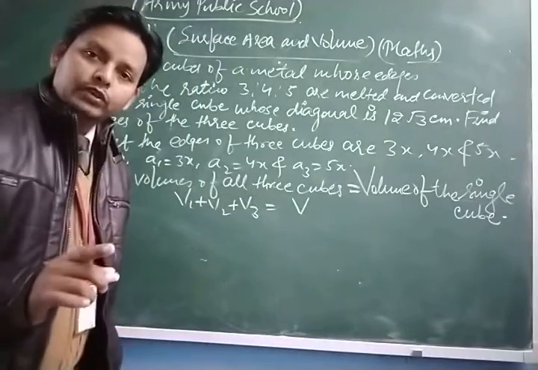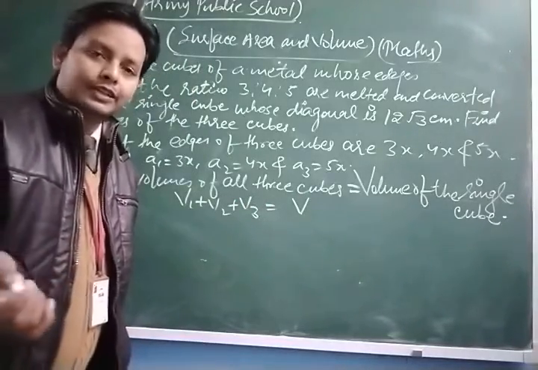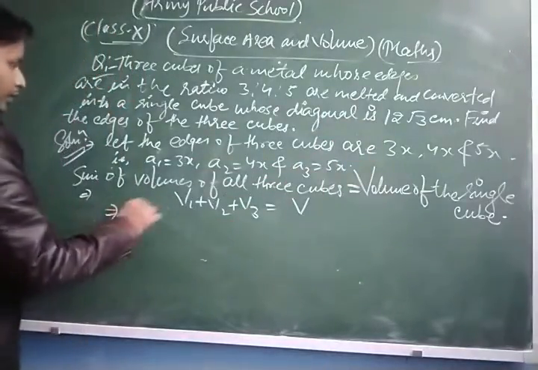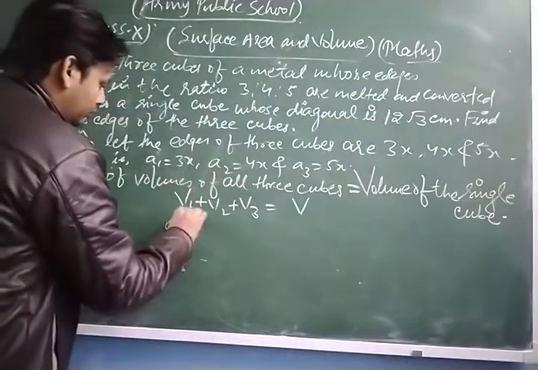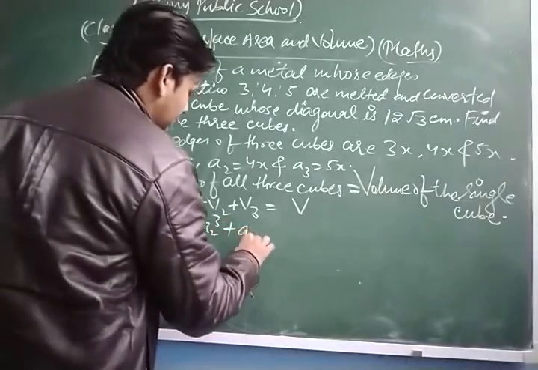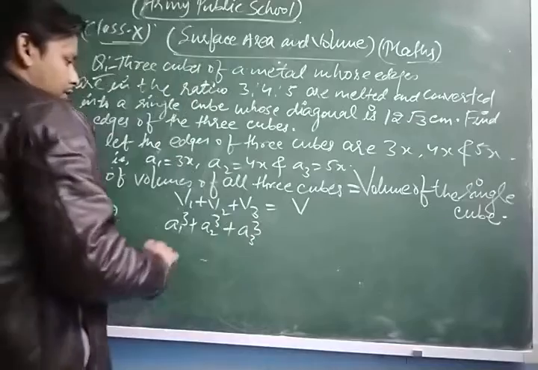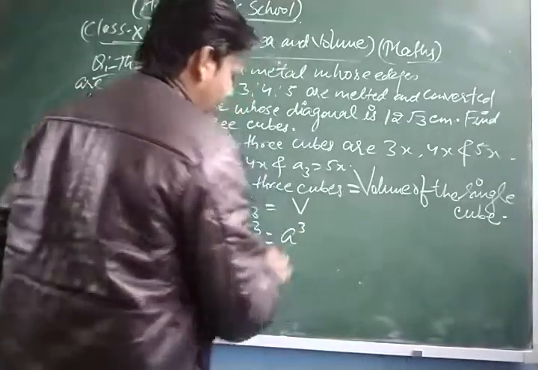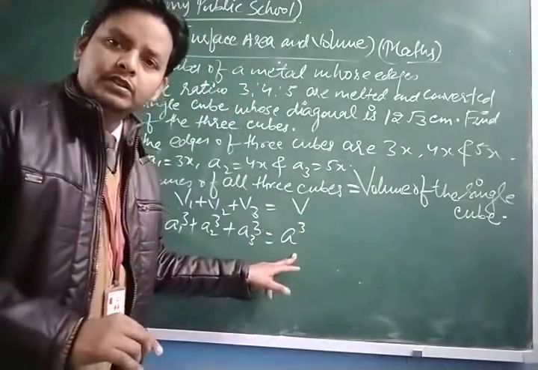We know that the volume of a cube is side cube. So here a1 cube plus a2 cube plus a3 cube is equal to a cube, where a is the side of the single cube.